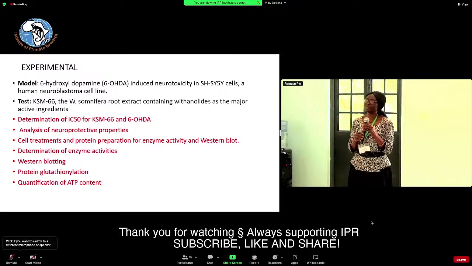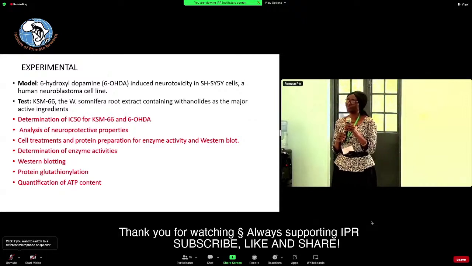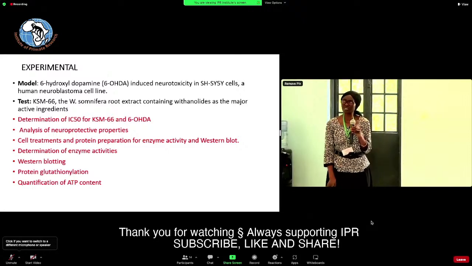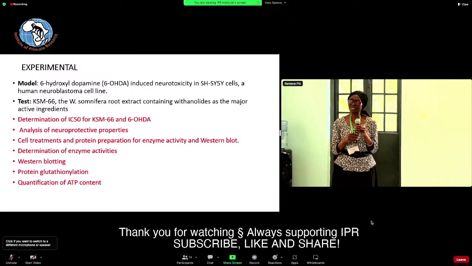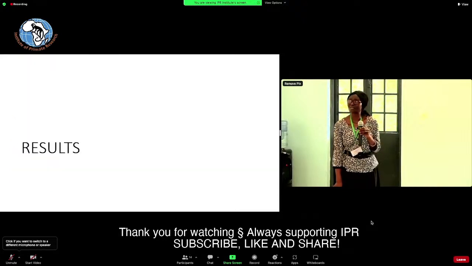Then they did analysis of neuroprotective properties. They did cell treatment and protein preparations for enzyme activity, and were able to determine enzyme activities. They carried out Western blotting for protein glutathionylation, and also quantified ATP levels in these cell lines. Next. So what results did they get?